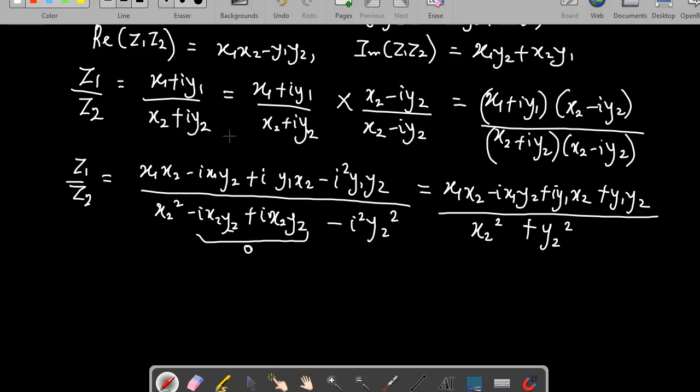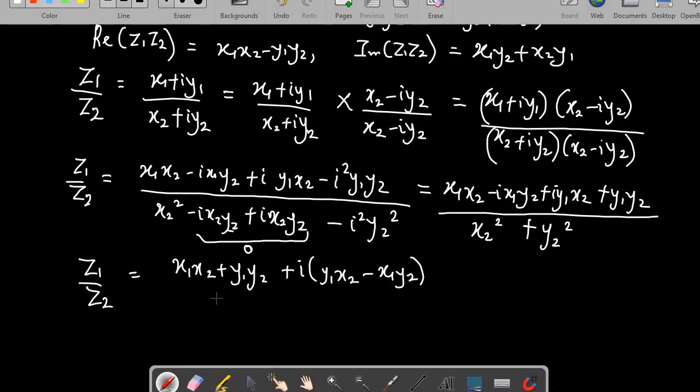So this is what you will always get in your denominator, okay? Whenever you want to rationalize something like this, you would always have this squared plus whatever this is squared. Okay, so your z1 over z2 now, simplifying further, will be equal to x1 x2, okay, plus y1 y2, or you can say plus i into y1 x2 minus x1 y2.